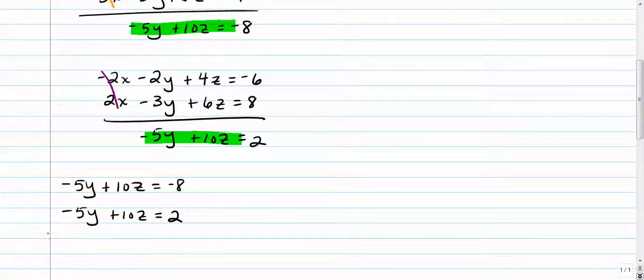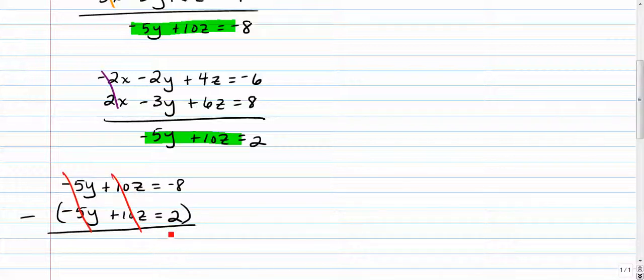So I'm actually just going to subtract them. When I subtract, I need to put this whole thing in parentheses. It's the same as multiplying it by negative 1, by the way. So minus turns into a plus. This turns into a negative as well by distributive property, and this is negative 2. If you look, we've got cancellation, cancellation, and negative 10. So 0 equals negative 10.